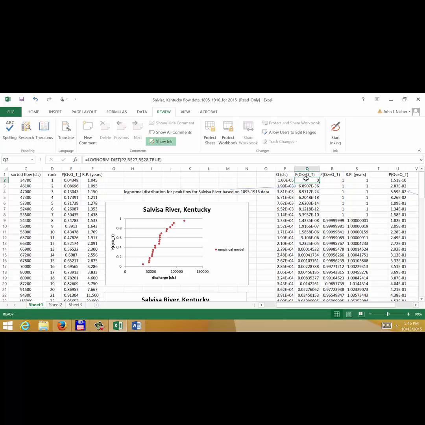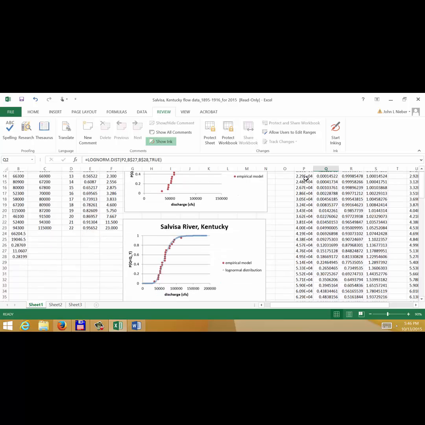The B27 and the B28 that you see there are the mean and the standard deviation of the logarithm of the flows that were in the data set. As I mentioned before, those were shown down here.